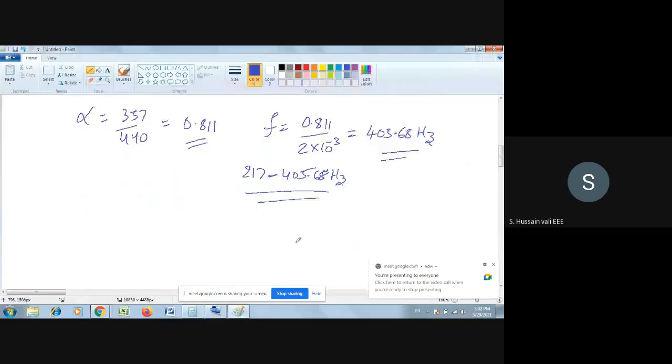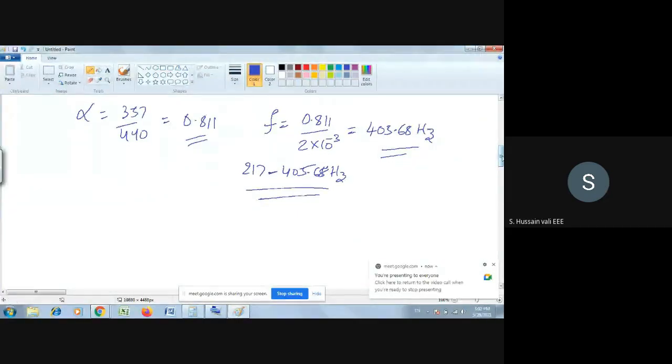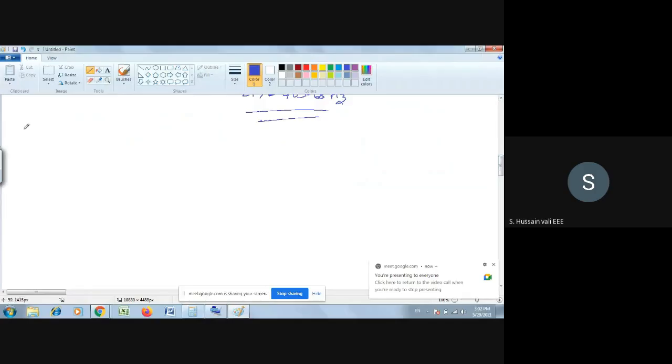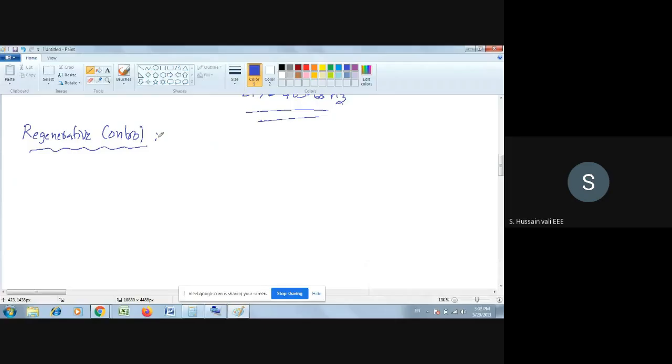In this same motor, this time we'll go to second quadrant, regenerative control. So same motor, there is no change here except that it's now a regenerative control. Regenerative control means it's the second quadrant.